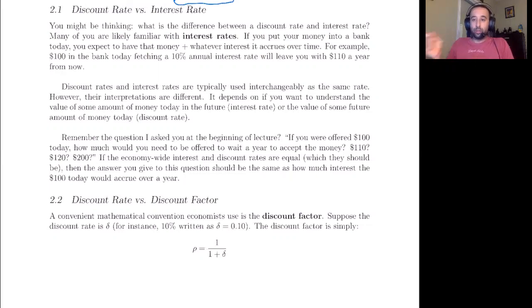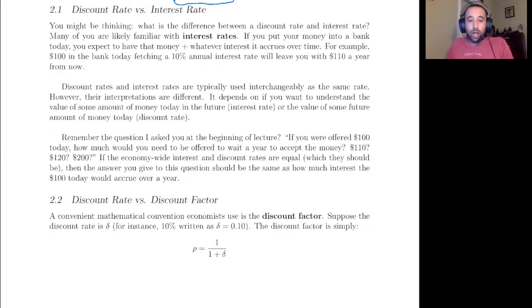So it's just a flip-flopping of the way we interpret the horizon of money being earned or outlaid. If I'm giving money now, that's an interest rate story. If I'm getting money later and I want to know the value of it today, that's a discount rate story.